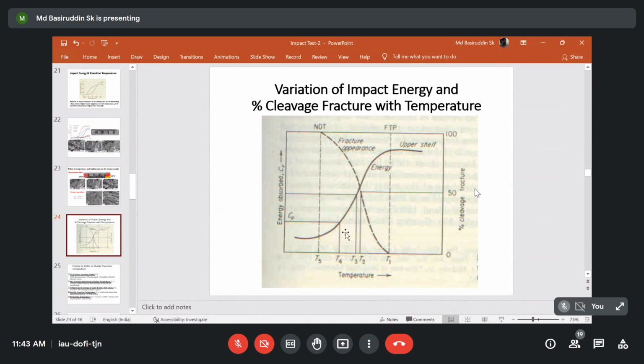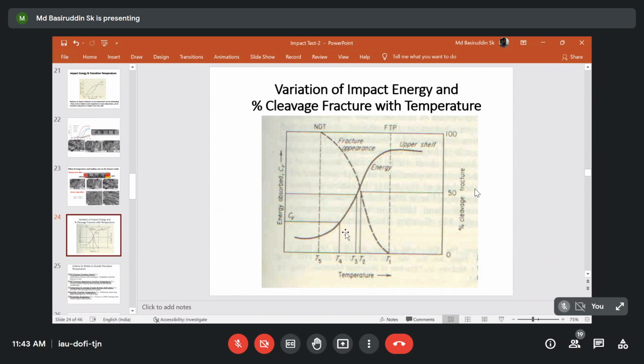Okay, so let's say they have assigned that the material energy absorption capacity should be 60 joule at minus 40 degrees centigrade. So 60 joule is fixed, as per their design criteria. And they ask the people to evaluate the temperature that should be well below minus 40 degrees centigrade.